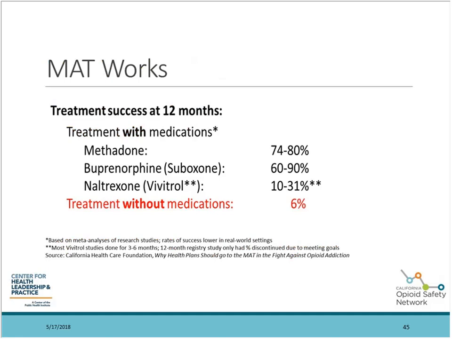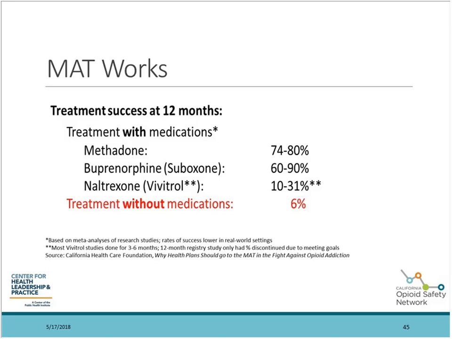That, partly fueled by stigma, remains in some people's minds, I think, not as clear as it should be. When we look at studies of SSRIs for depression, for example, we see much lower success rates than we do for medications for opioid use disorder. And most people don't question the efficacy of SSRIs for someone who's struggling with depression, but in fact, this is a much better success rate.